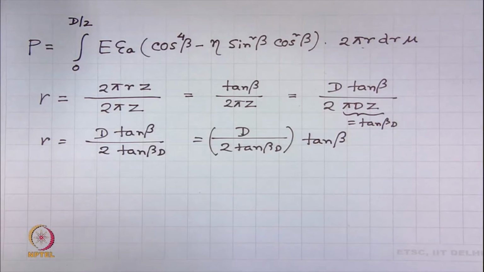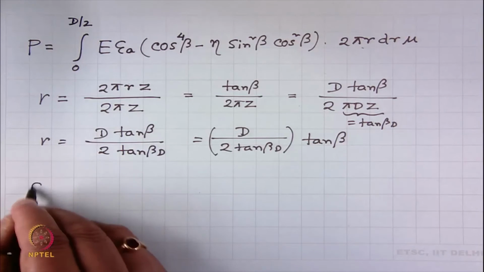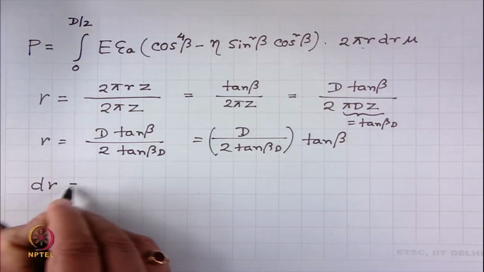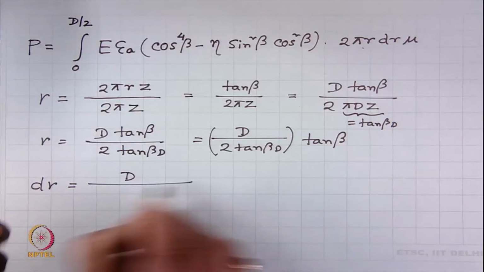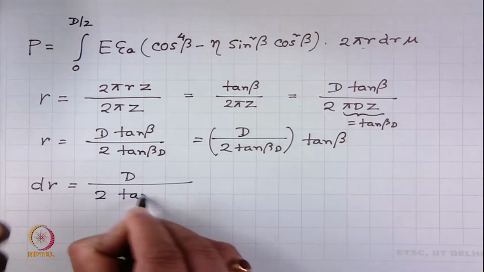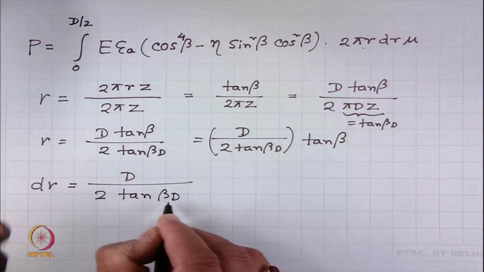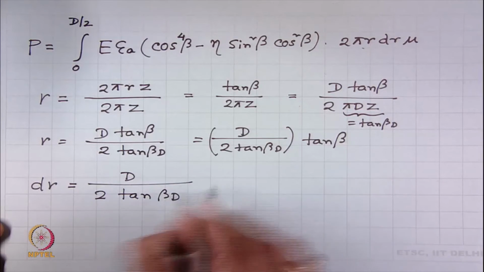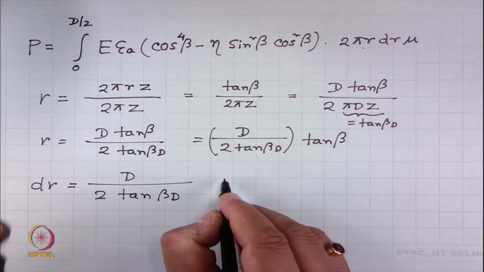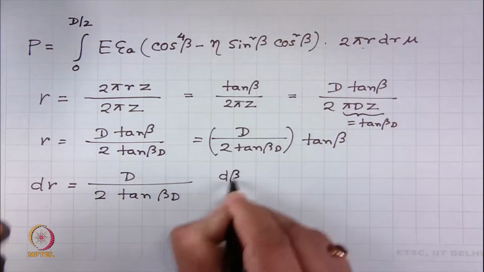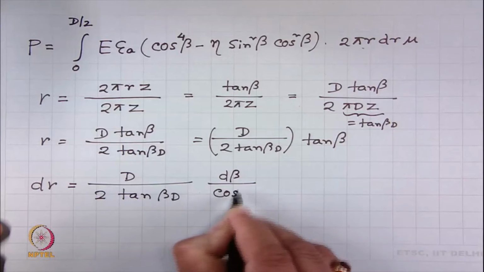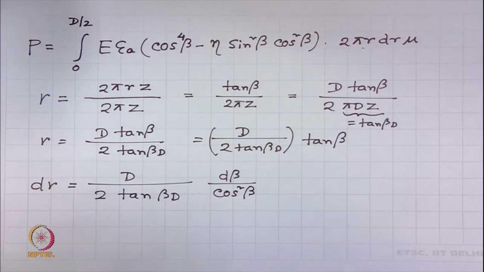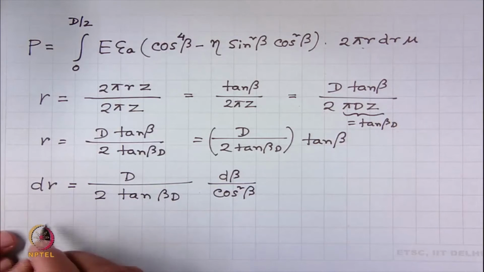Right. So, dr is D by 2 tangent beta, sec square beta d beta, that is equal to D by 2 d beta by cos square beta. Now, what is r dr?